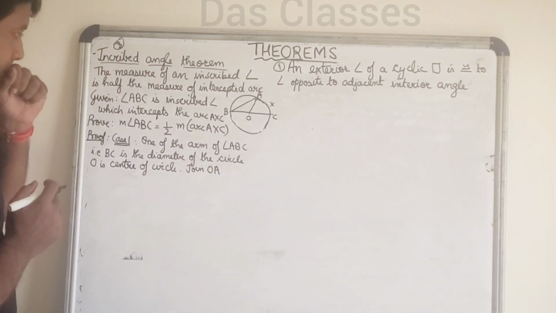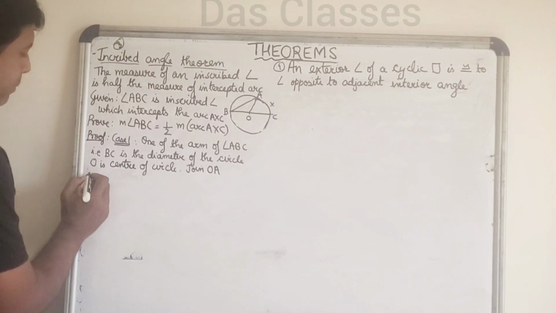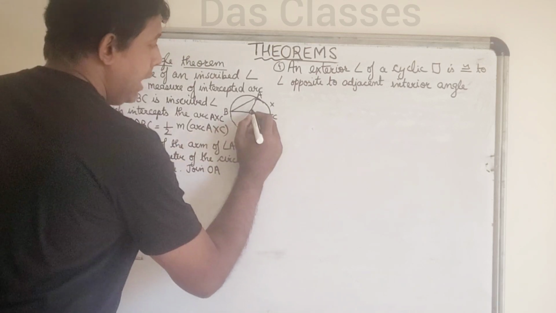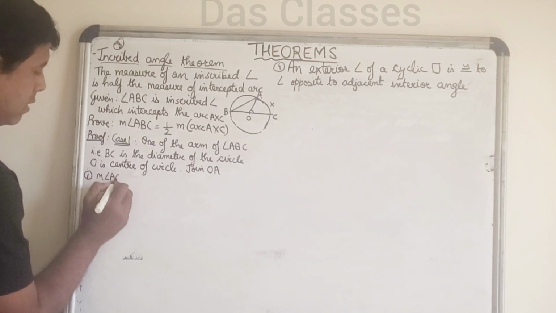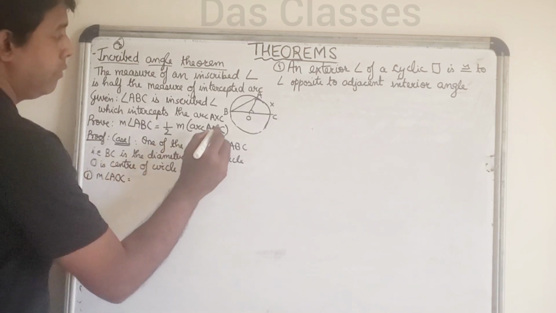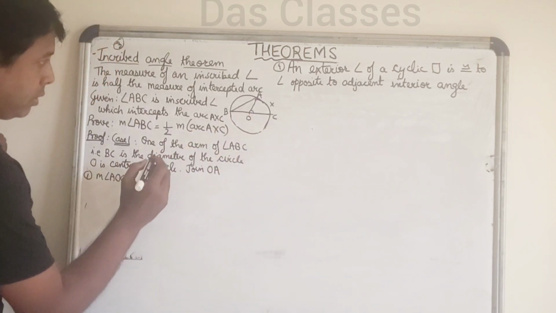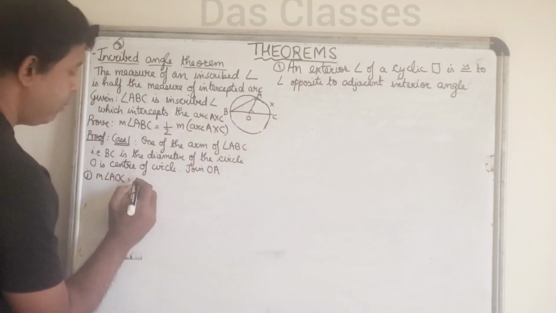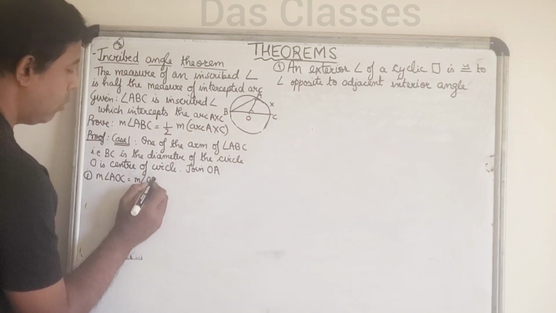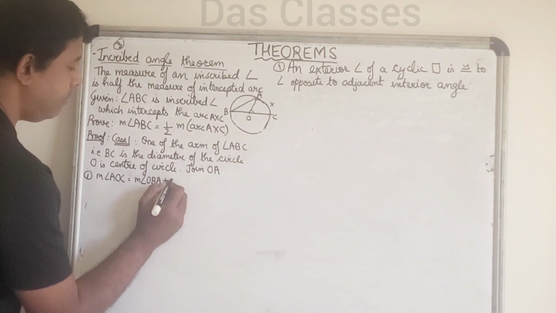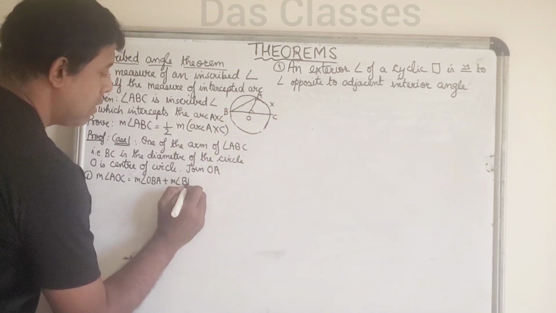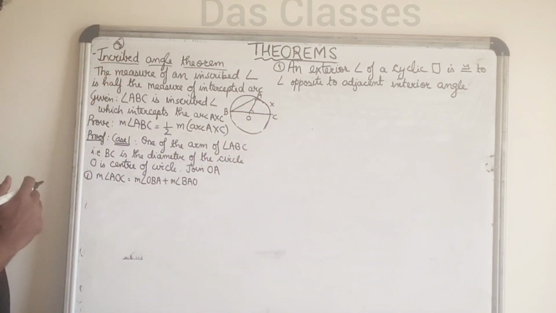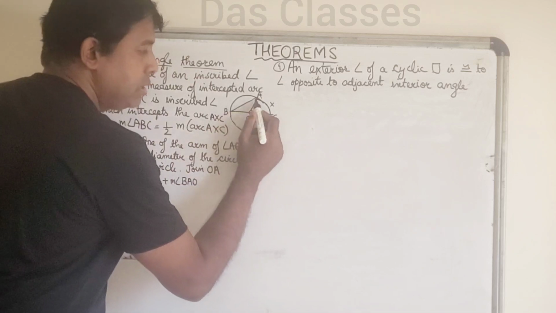So first step, measure angle AOC will be equal to measure angle OBA plus measure angle BAO, because this angle will be this angle plus this angle.